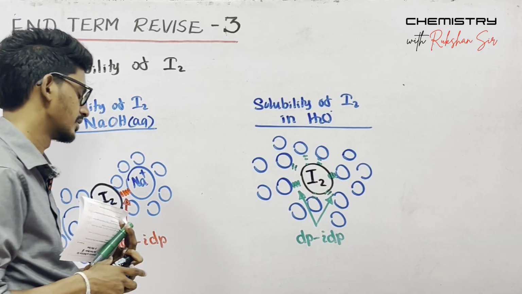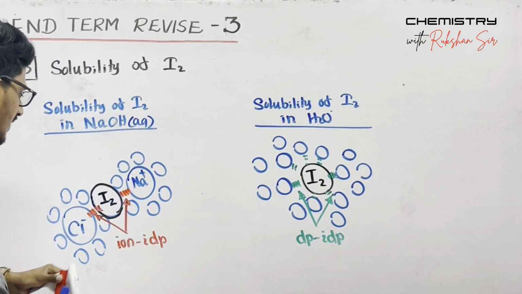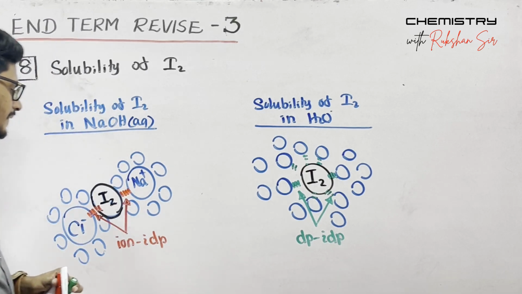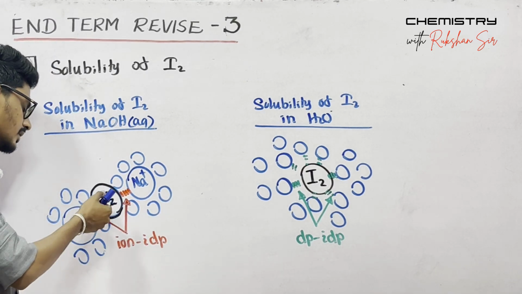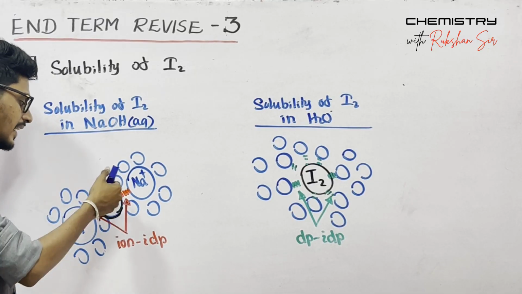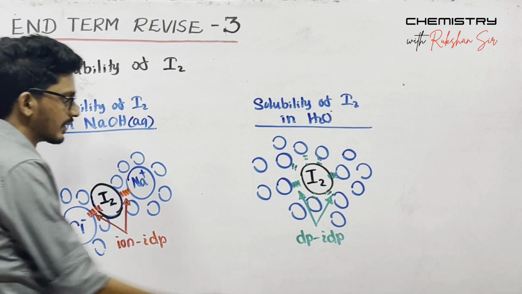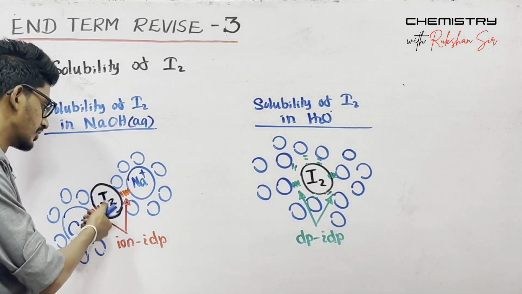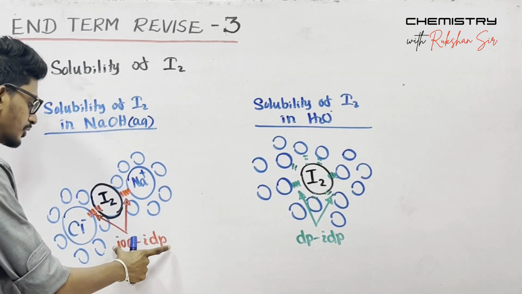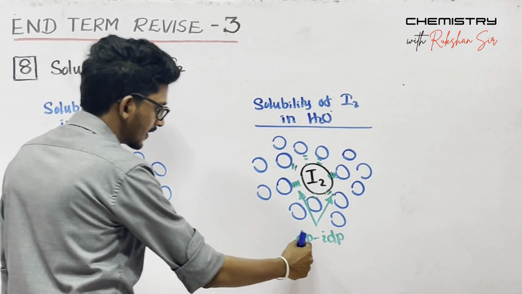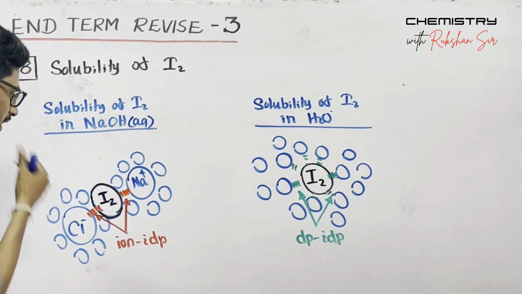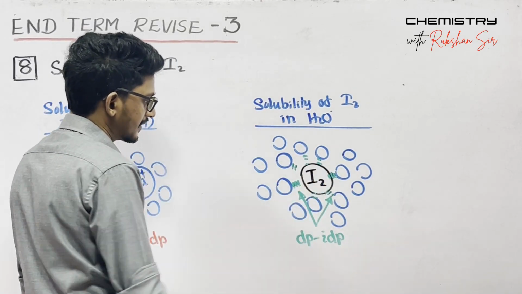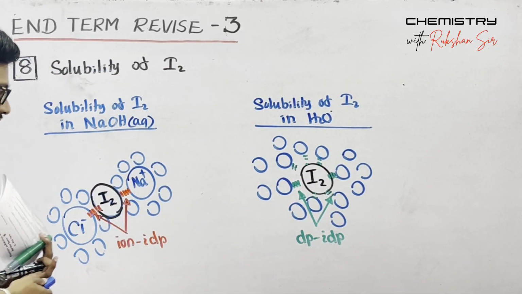Dipole induced dipole interactions. As we know, the ion induced dipole interactions are stronger than the dipole induced dipole interactions, right? Your I2 molecules will be trapped heavily in this kind of system compared to here, as ion induced dipole interactions are stronger than the dipole induced dipole interactions. The I2s will bind heavily to these ions compared to just dipoles, the water molecules.